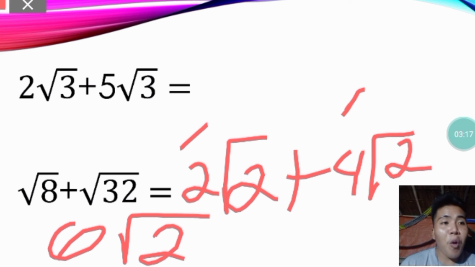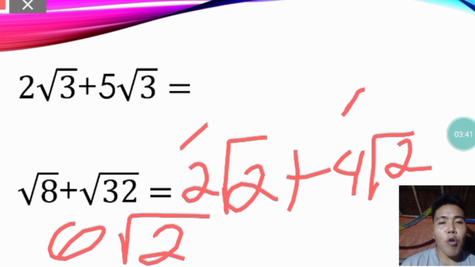Because our main goal is to have the same radicand. The easiest and simplest way to have the same radicand is to factorize the number and find the perfect square. That's how we came up with the square root of 2 plus 4 square root of 2, and the final answer, 6 square root of 2.